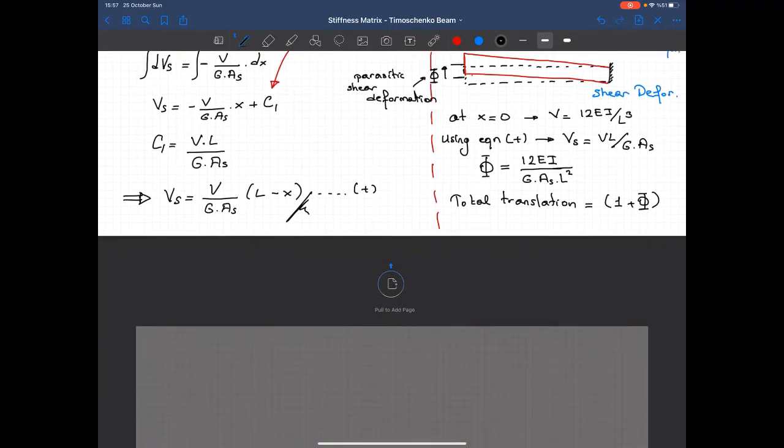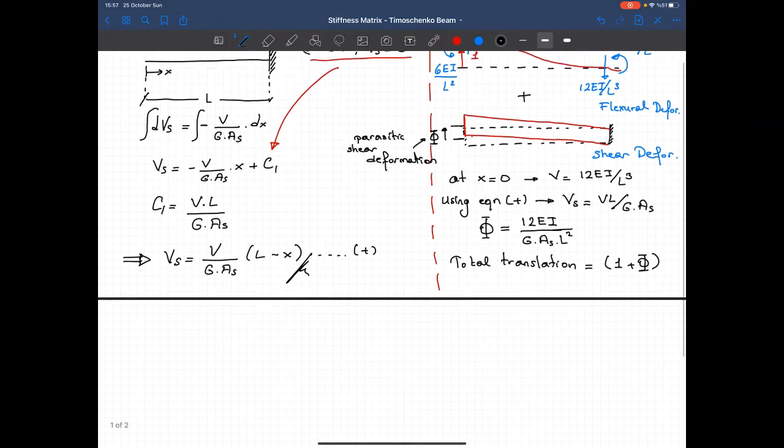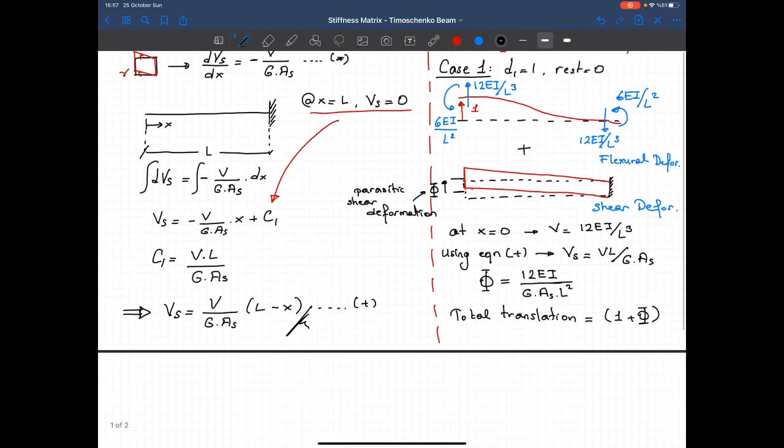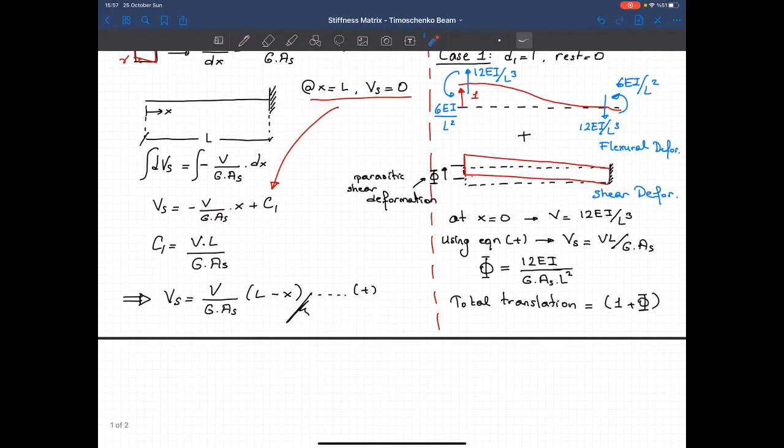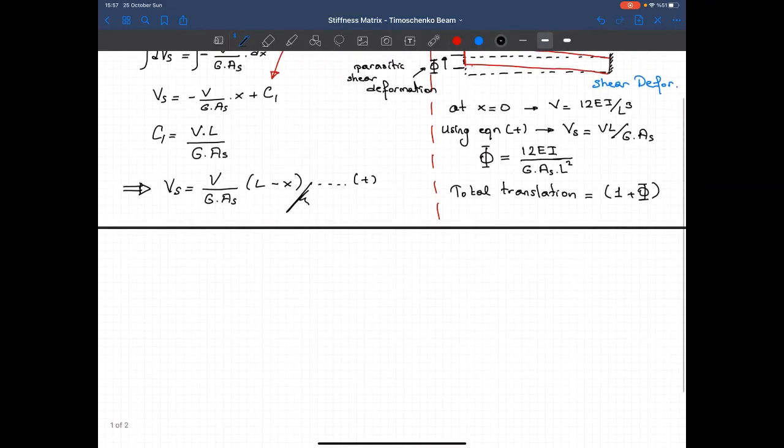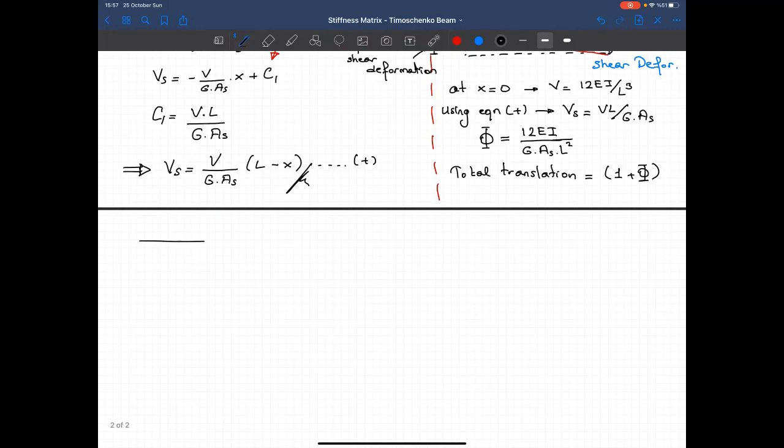All right, let's continue. Now I wanted to have a unit translation, okay? But I end up with a translation that is larger than 1. So since this is an elastic material, in order to get a unit translation, what should I do? Let's put it here. K11, right?